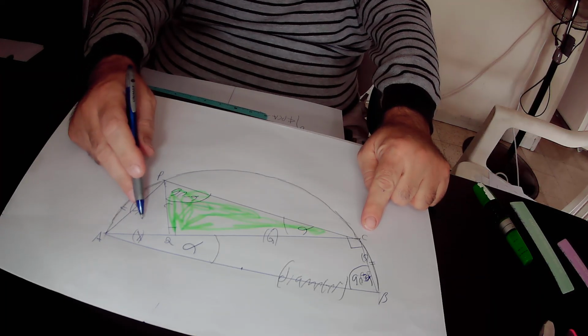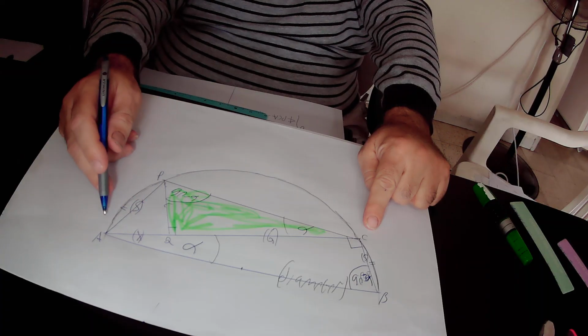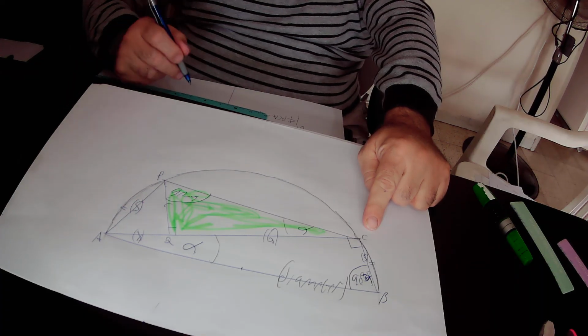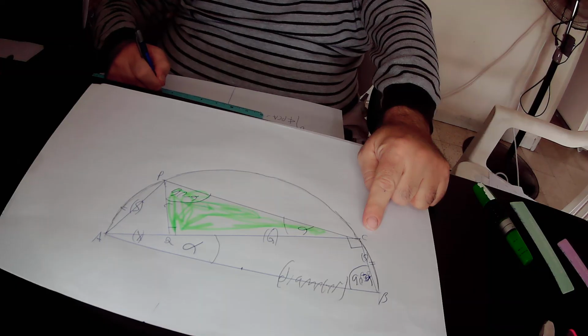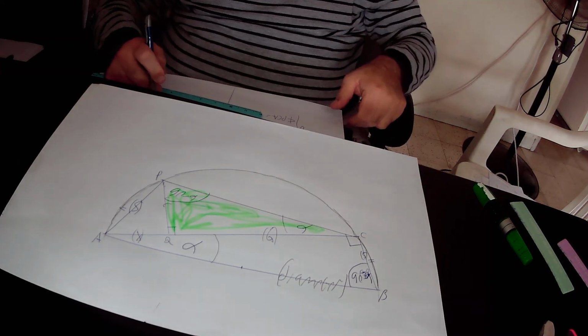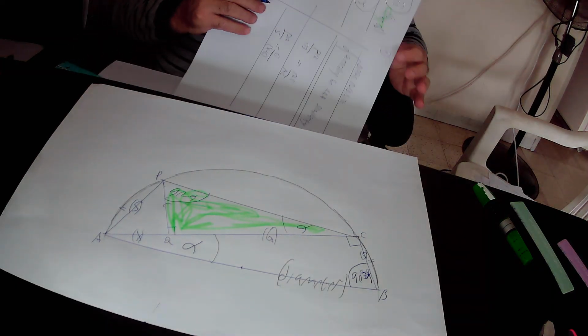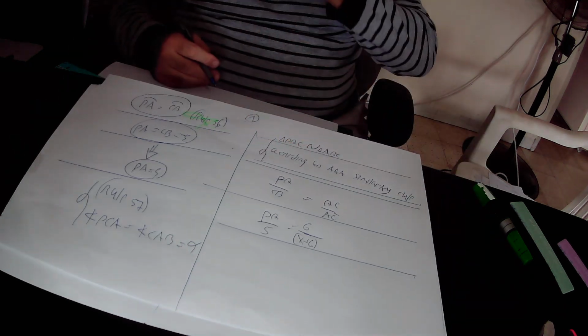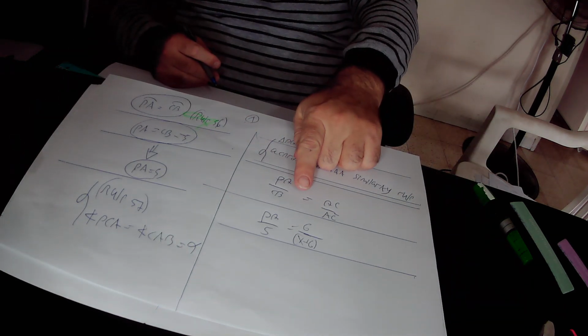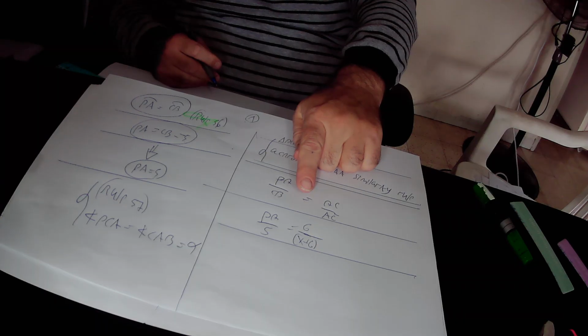In total, AC equals AQ, that is x, plus QC, that is 6. So AC equals x plus 6 units. So in total we found that PQ over 5 equals 6 over x plus 6.